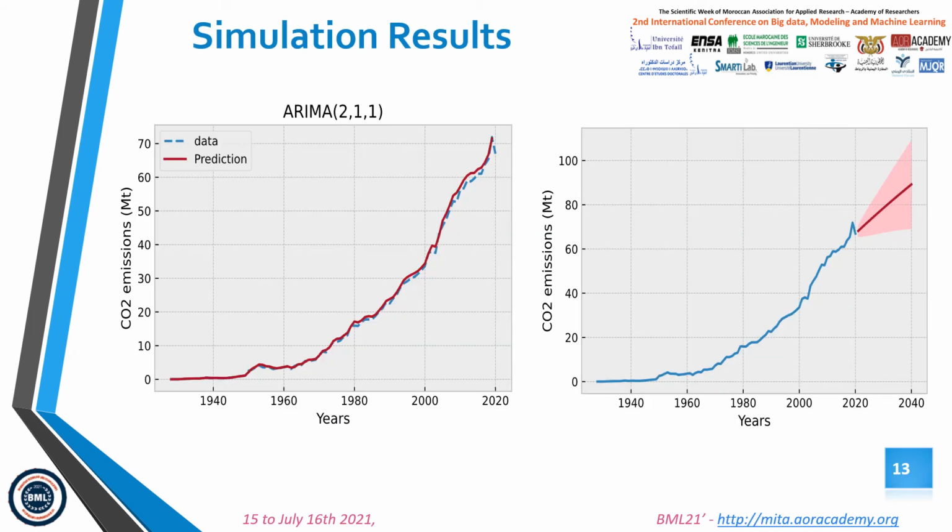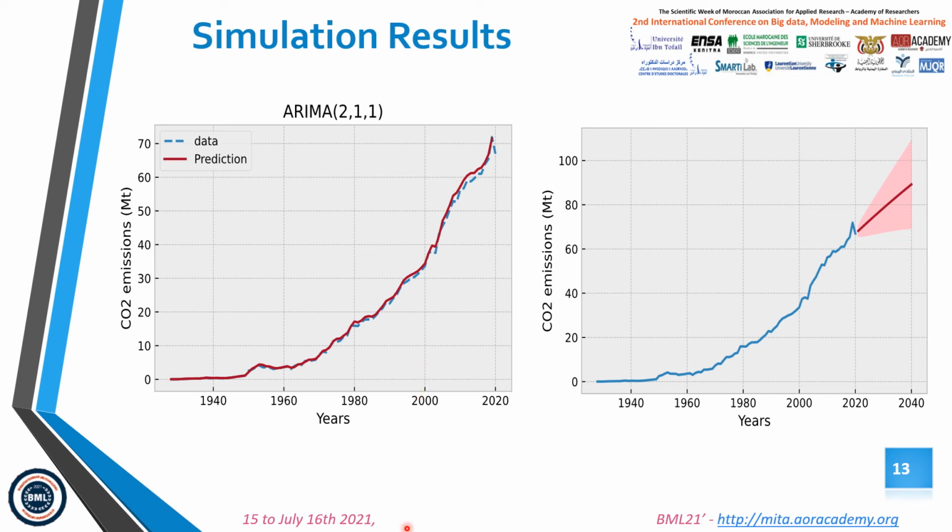Our simulation result for forecasting carbon dioxide emission is clear. In a comparison between the actual data obtained from the data set and the predicted data based on the ARIMA model, it can be seen that the two graphs match well. The predicted data follow the shape of the actual graph.